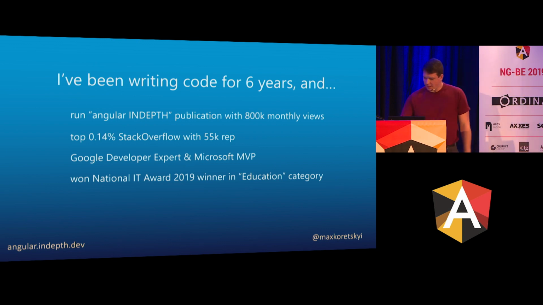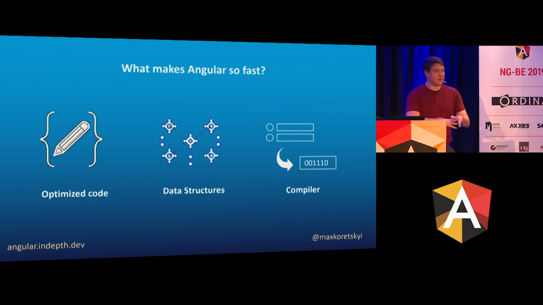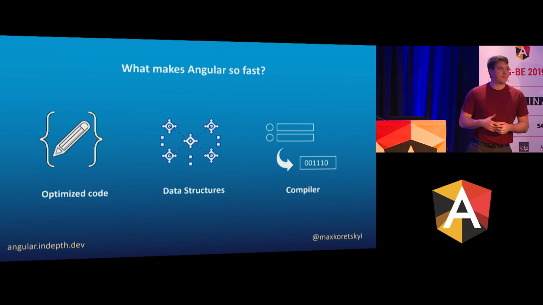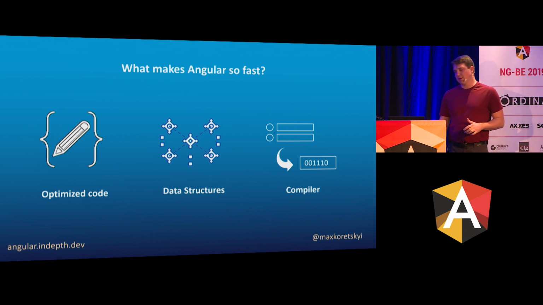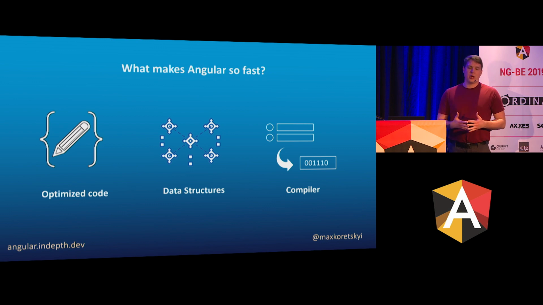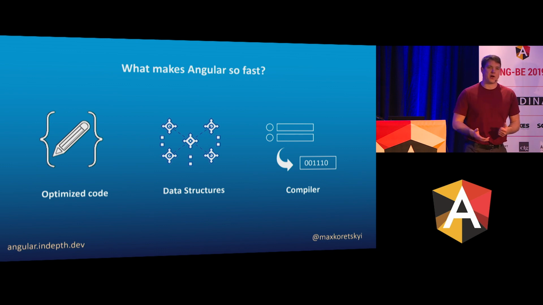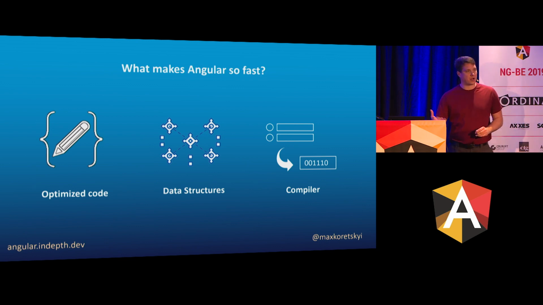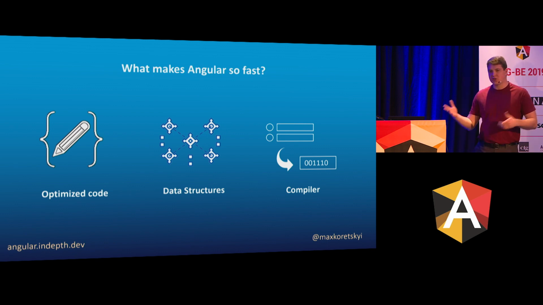Okay. So now, what makes Angular fast? In fact, what makes any framework fast? Well, you can break it down into 3 components. At least that's how I did it. So you need to write optimized code. You need to use proper data structures. There is a specific class of data structures that are used as an optimization layer. They go hand in hand with regular data structures, like arrays, JavaScript hash maps.